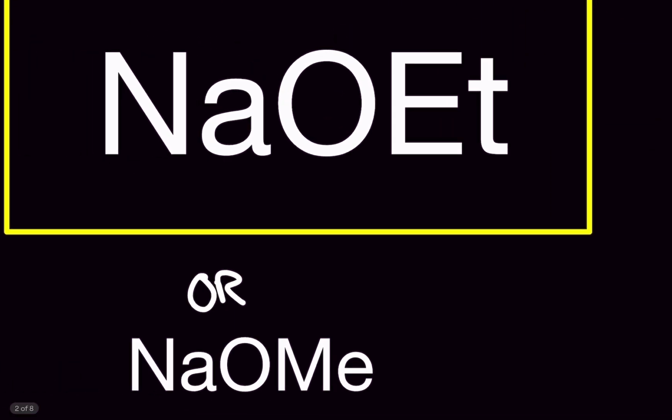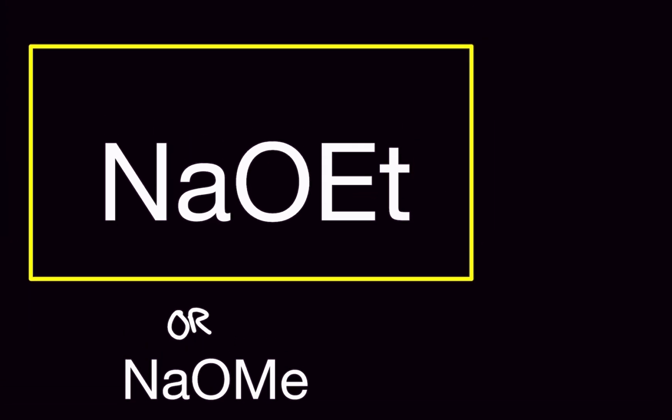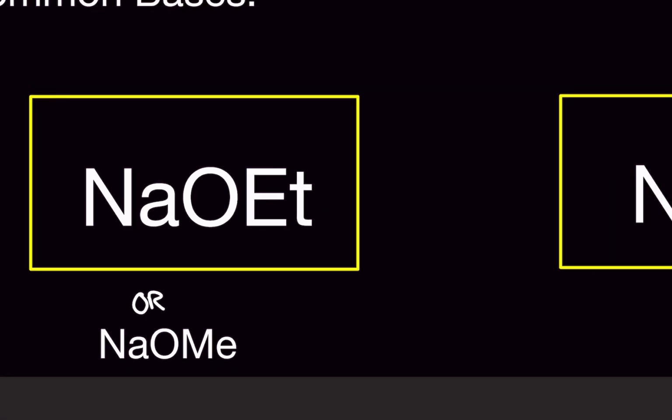The same goes for sodium methoxide. Sodium ethoxide is basically an ethyl group bonded to the oxygen, and sodium is there as well. Sodium methoxide is a methyl group with an oxygen and sodium.